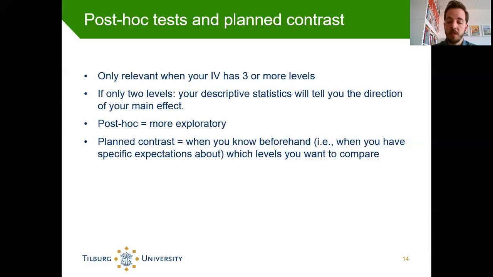There's just a subset of combinations being compared. And this is a little less exploratory and a bit more conservative, because the more tests you do, the higher the chances are that one of your tests by accident will give you a significant result, even though actually in the population there wouldn't be such an effect. So typically the fewer tests you can do, the better.